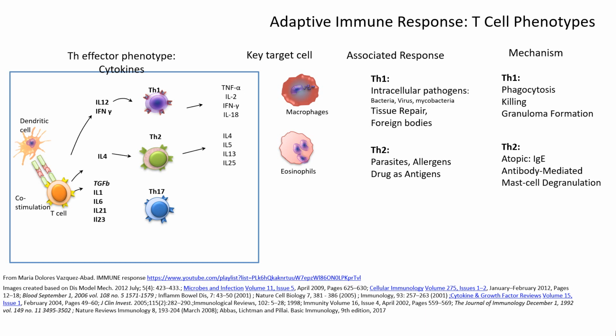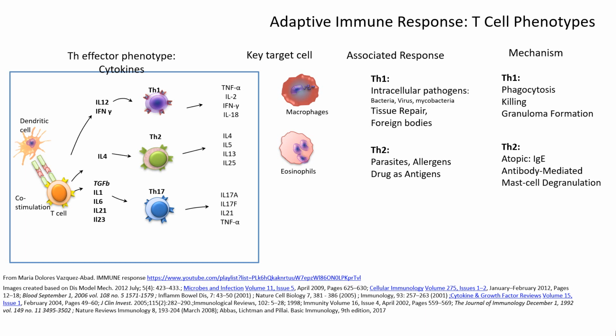And finally, we have a more complex milieu that will have a presence of certain cytokines like interleukin 1, 6, 21, and 23, but they cannot act alone. They have to be in a cocktail with TGF beta to then differentiate that T cell into a Th17.